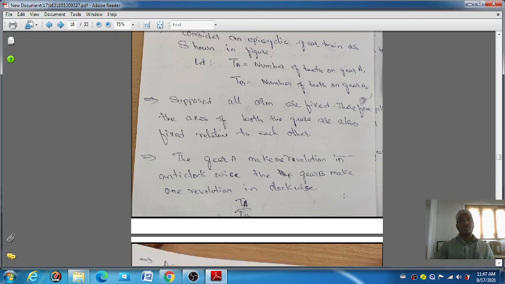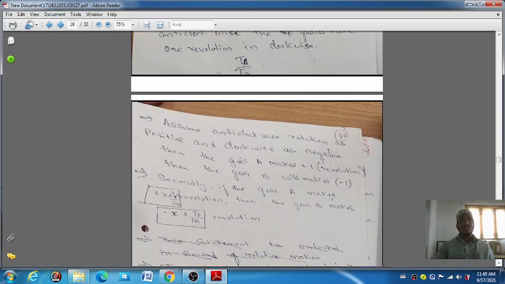So that is TA by TB. Next we have to assume that anti-clockwise is positive. This is very important. If the gear is moving anti-clockwise, that is positive.